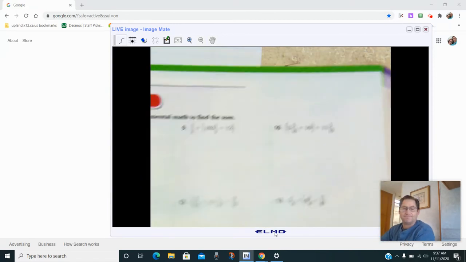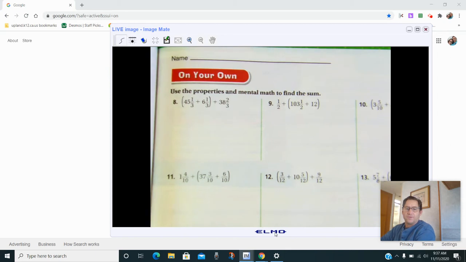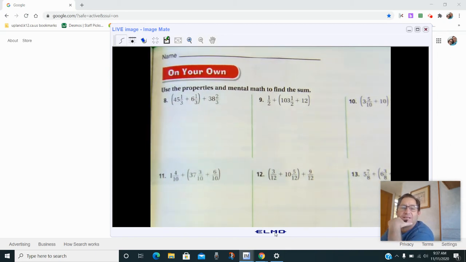Number 8. Use properties in mental math to find the sum. So we have 1/3 plus 1/3 as far as fractions in the parentheses. That gives us 2/3. But 2/3 and 1/3, that would be 3/3, which is equal to 1. So we don't need to change the order, right?